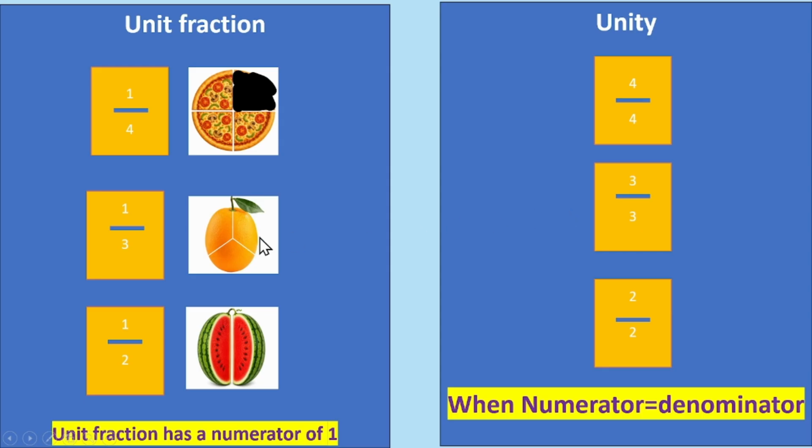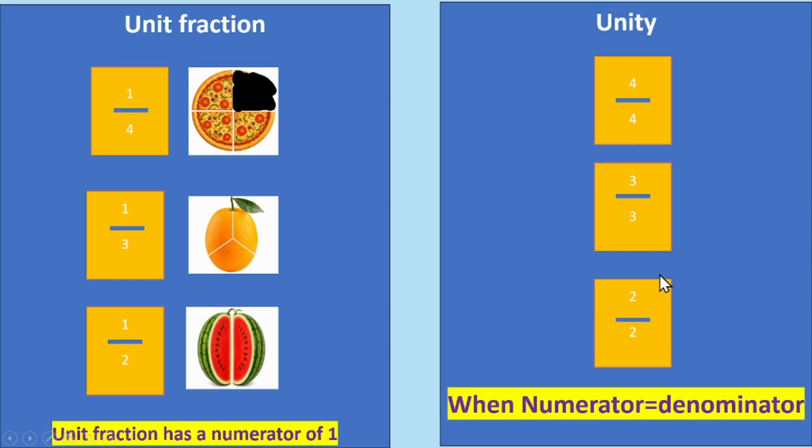If I split the orange into 3 parts and I eat all the 3, not 1, so I eat one whole orange. If the numerator equals the denominator, this means that it's equal to unity or 1.